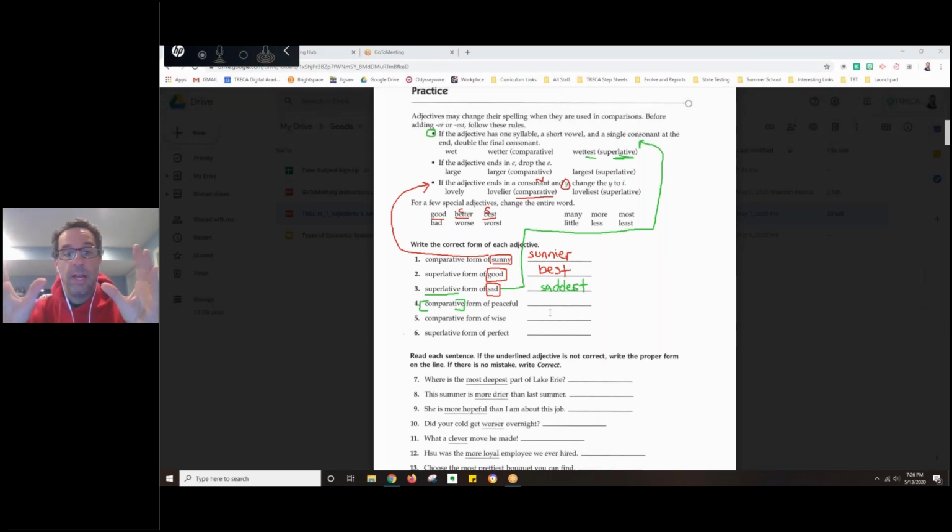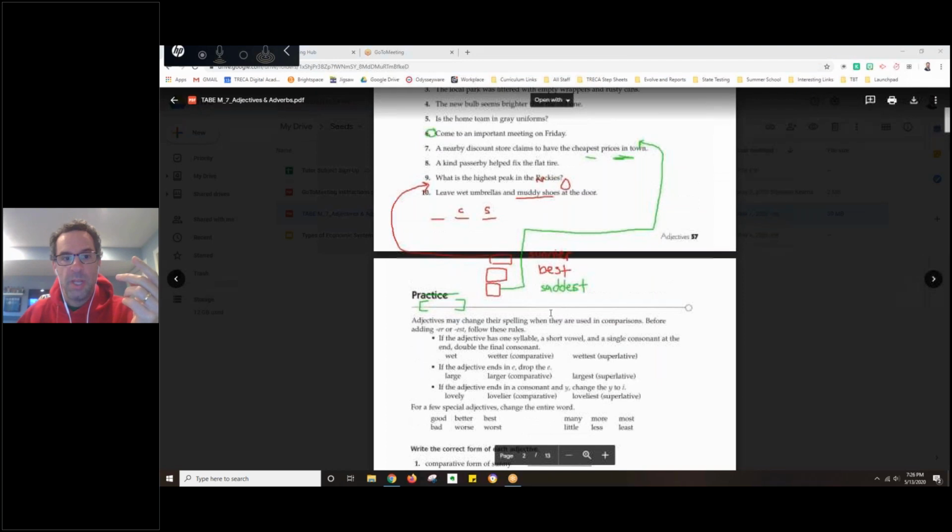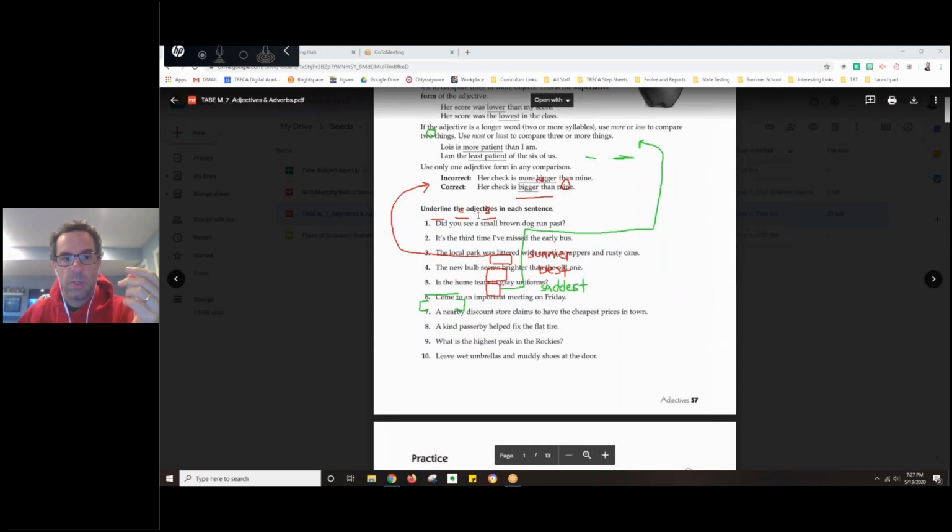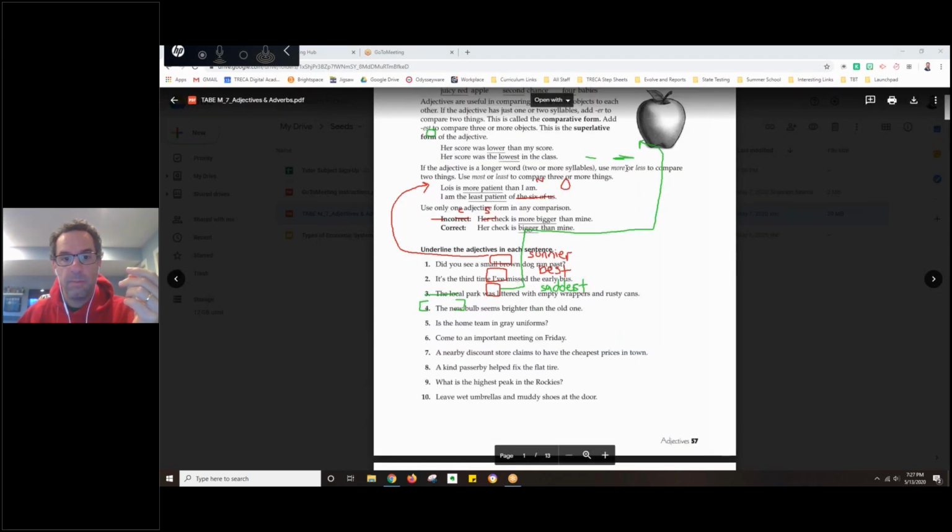So imagine you're looking at 2 paintings. Which one is blank peaceful? What would you put in there? When you're comparing just 2, the rule says you're going to use the word more.